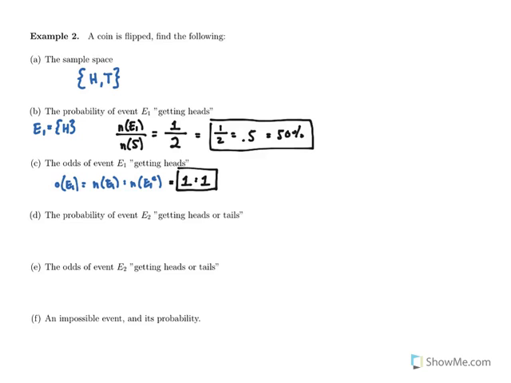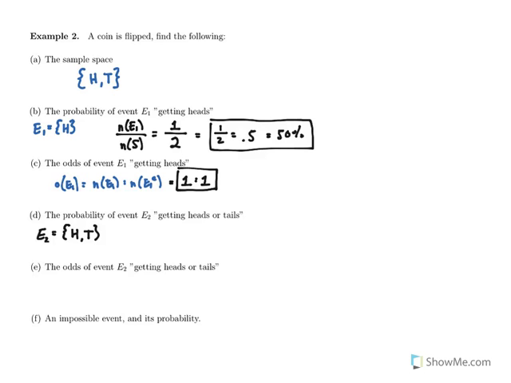The probability of event E2, getting heads or tails. So E2 is that you get a heads or a tails. We could think about this as H union T, something like that, right? We can just think about just H and T as well.